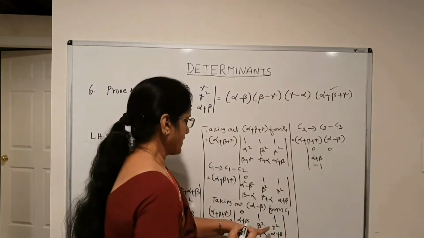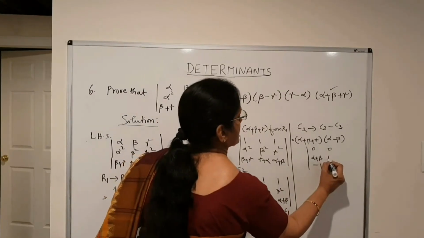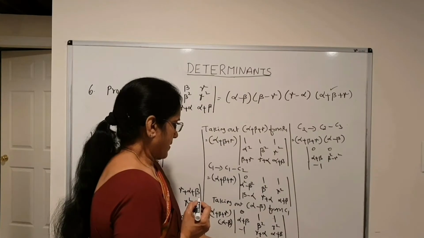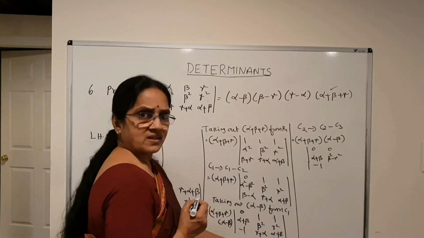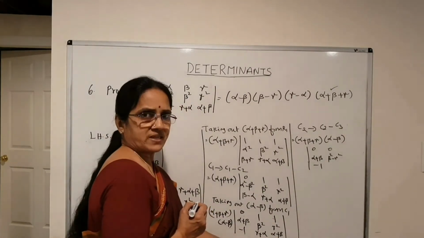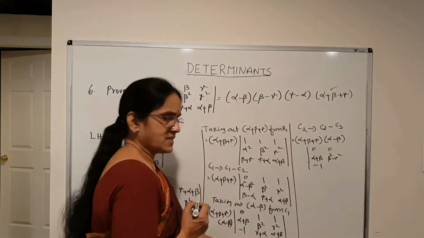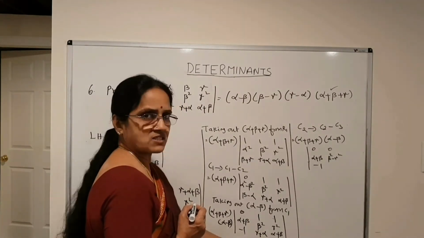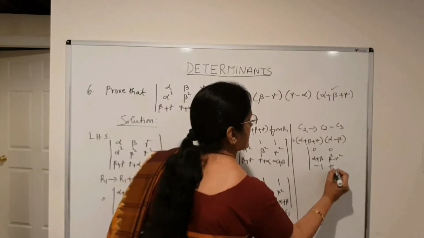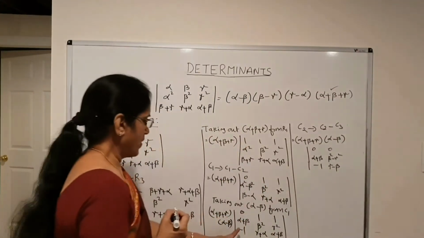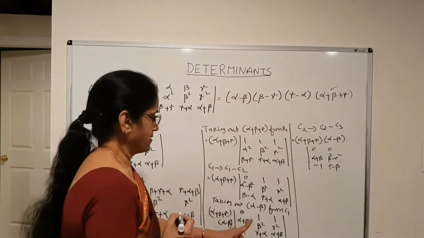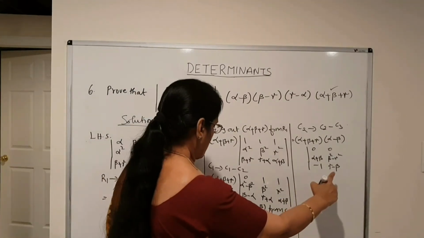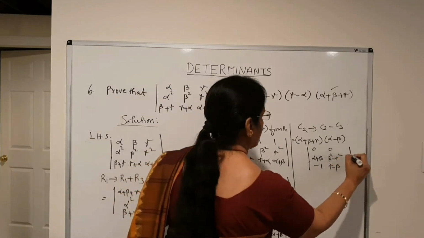Then beta square minus alpha square. Then gamma plus alpha minus of alpha plus beta. So plus alpha minus alpha will get cancelled. I will be left with only gamma minus beta, similar to what we did over here. Same thing only. So gamma minus beta. The third column will remain the same.